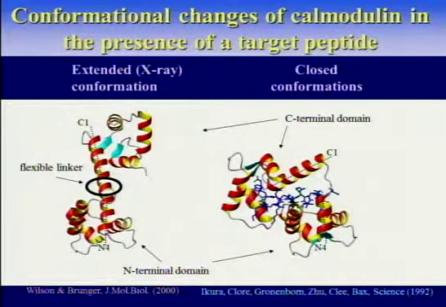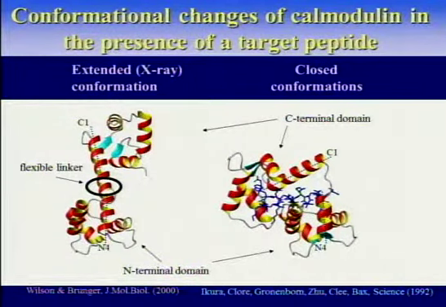And when Calmodulin is binding its partner protein, which can be simulated by adding a target peptide, just a small oligopeptide sequence in solution, the protein will close onto the peptide, and so you see the conformational change is dramatic.